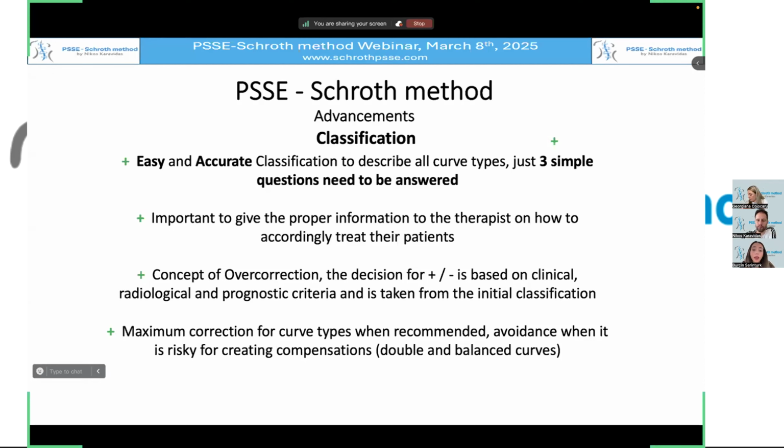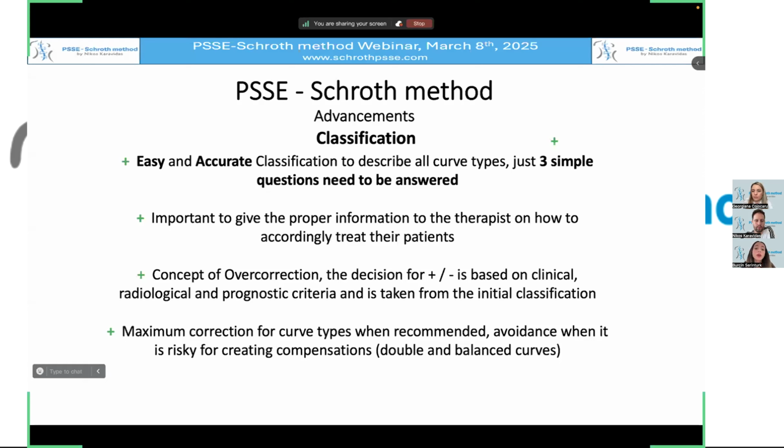And our aim is to get maximum correction for curve types when recommended, and at the same time avoidance when it is risky for creating compensation. Because as I said before, if you use overcorrection every time, in every exercise, during all sessions, it brings with it some risk, like creating compensation or triggering the other curves.